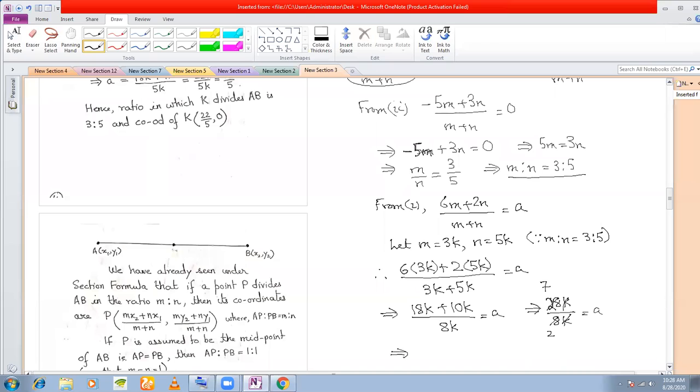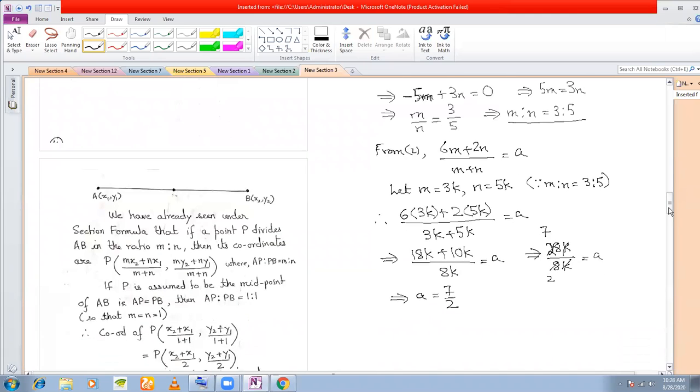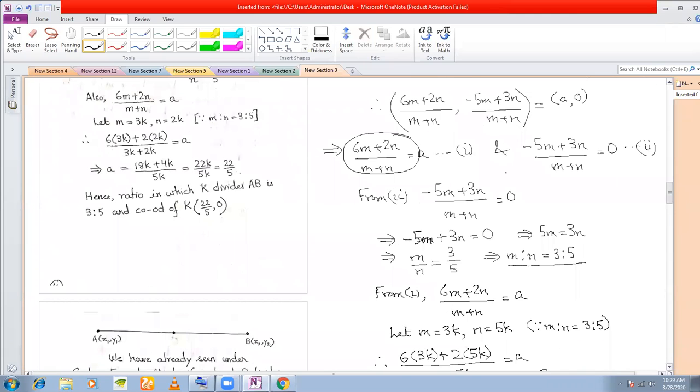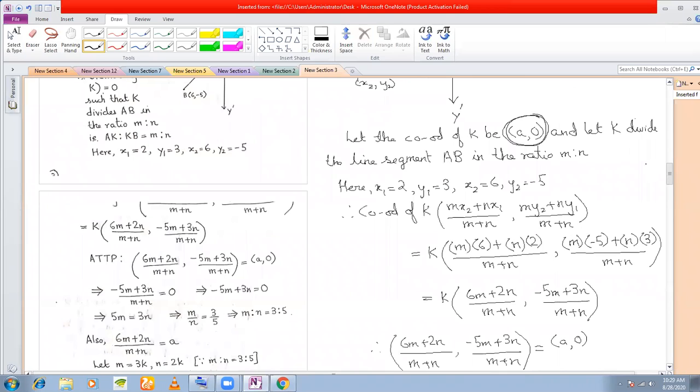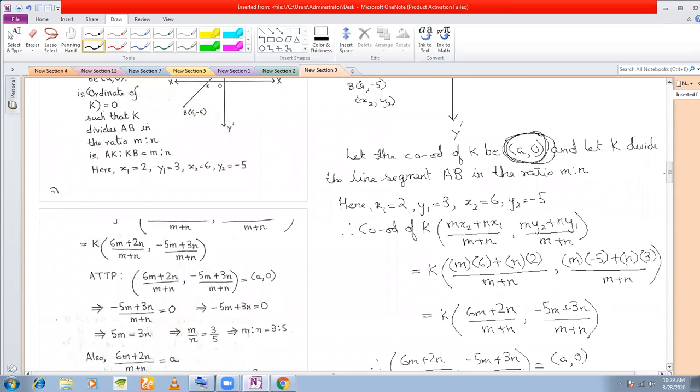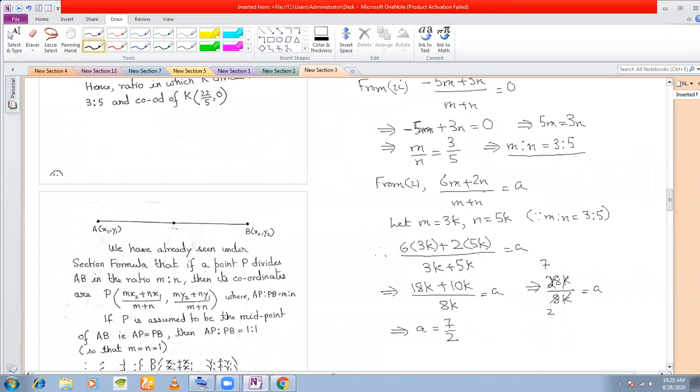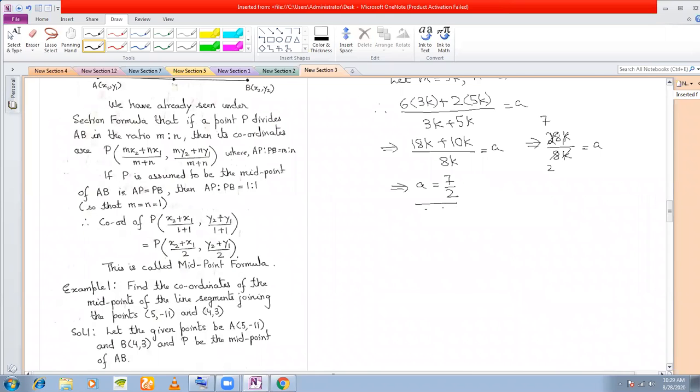So the value of a is 7 by 2. Therefore we have got the coordinates of K. What are the coordinates of K? a comma 0, and we have found the value of a. So the coordinates of K are 7 by 2 comma 0.